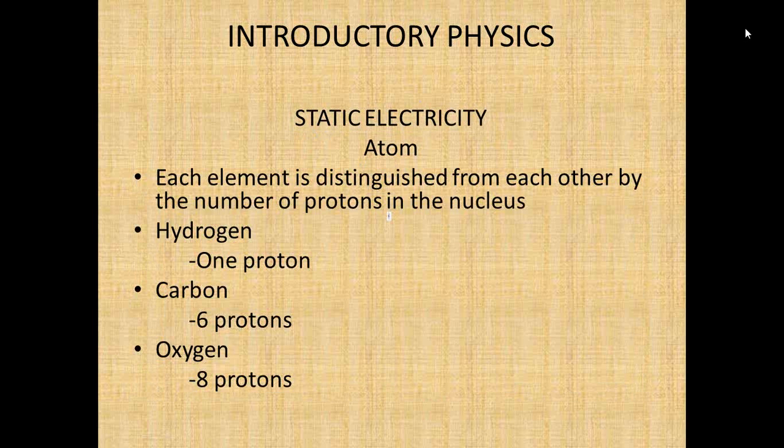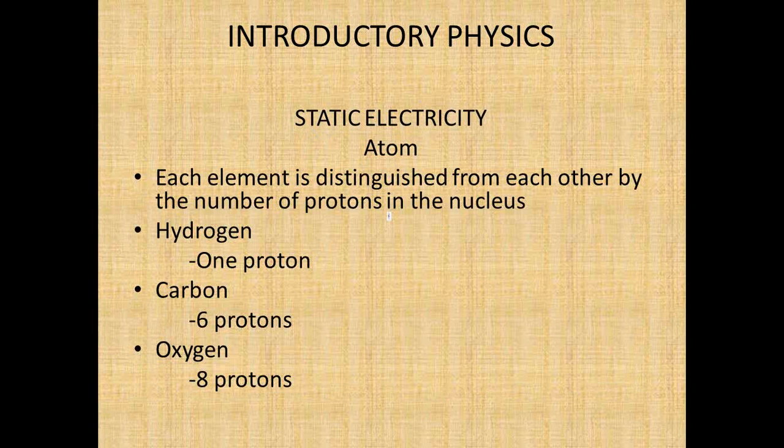Let's look a little bit more at the atom. As we said, each element is distinguished from each other by the number of protons in the nucleus and the electrons to some extent. Your carbon atom, which we're calling the element, is different from the oxygen, which is different from the hydrogen, by the number of protons in the nucleus.